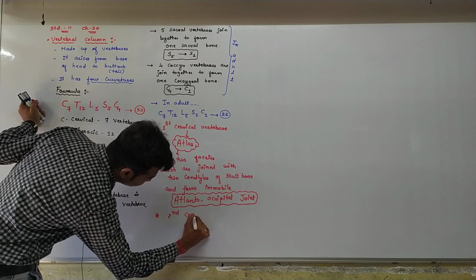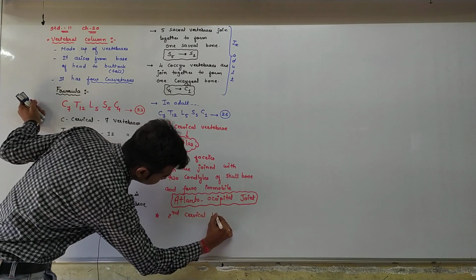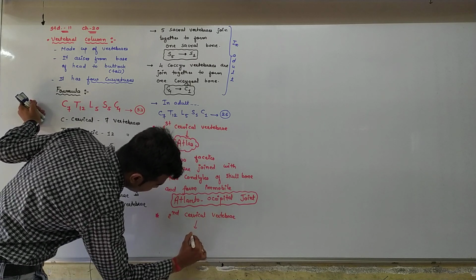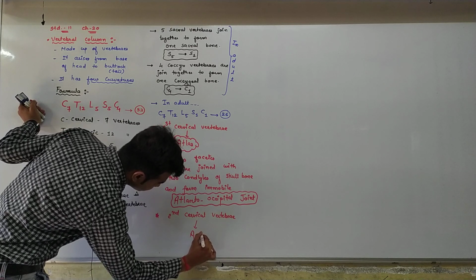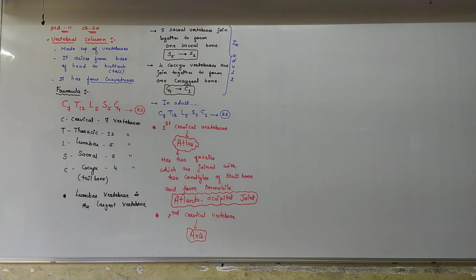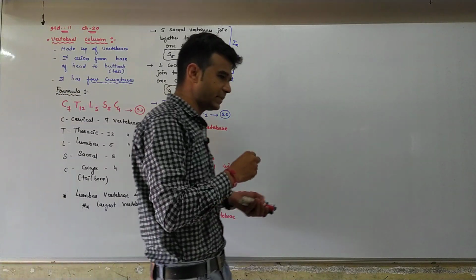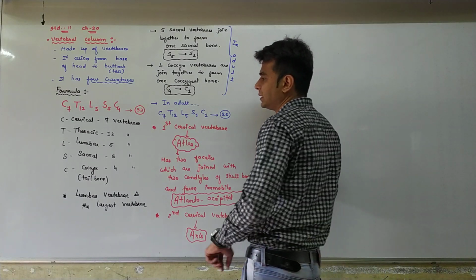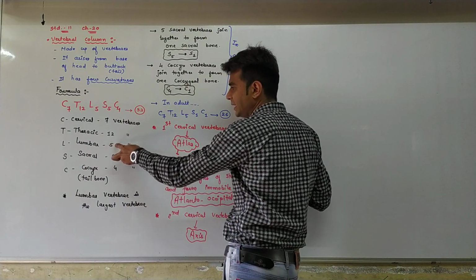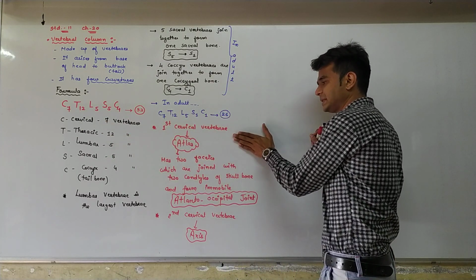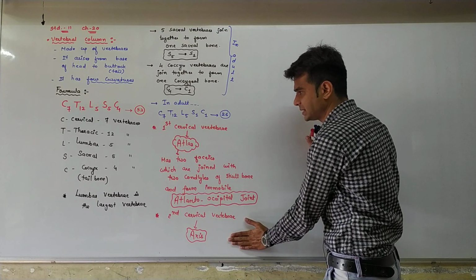So please remember that the name of the first vertebra is atlas. The second cervical vertebra is known as axis. Don't worry, I cannot tell you each and every vertebra name one by one, but only remember that the largest vertebra is of the lumbar region, the first cervical vertebra is atlas, and the second cervical vertebra is axis.